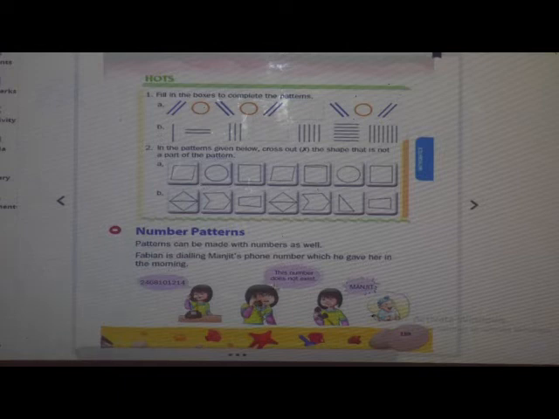This number does not exist. Then she becomes very angry. Manjit has given me a wrong number. She becomes very angry. And here Manjit is laughing.